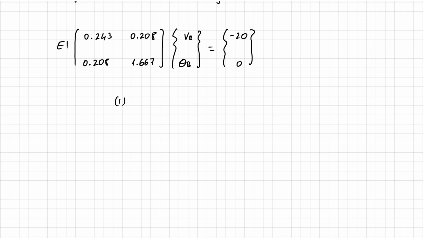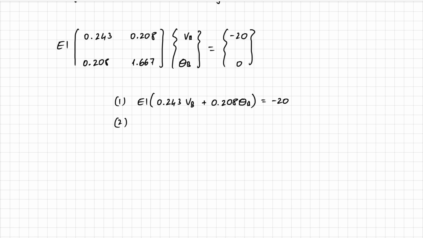So the first equation I get from the first row, not forgetting my EI, is 0.243 VB plus 0.208 theta B, and that has to equal minus 20.